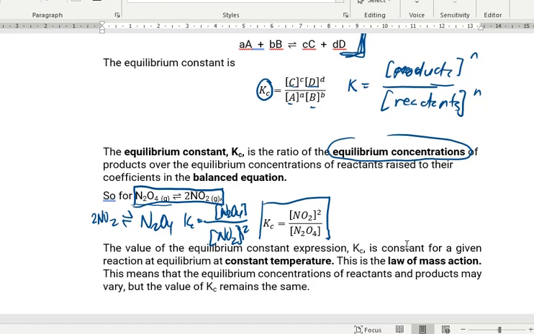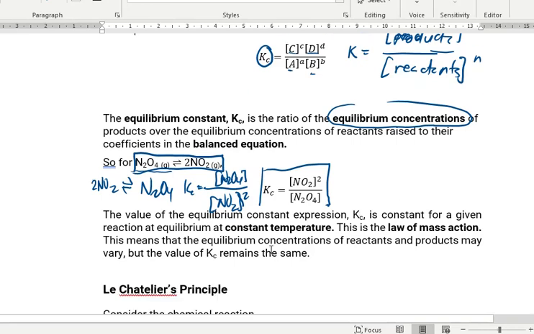Okay? Now, the value of the equilibrium constant expression Kc is constant for a given reaction at equilibrium at constant temperature. This is the law of mass action.